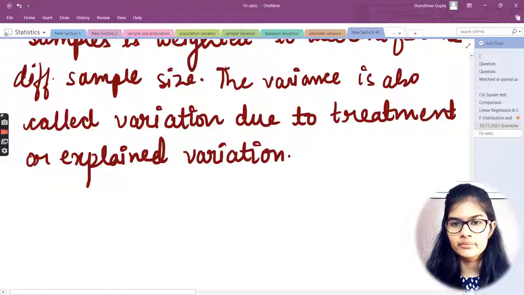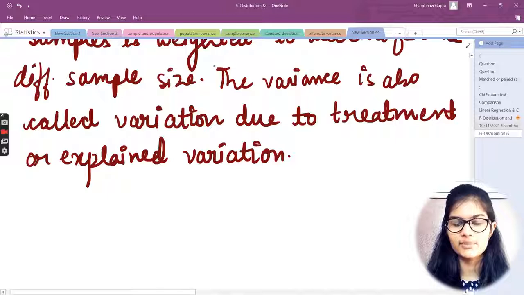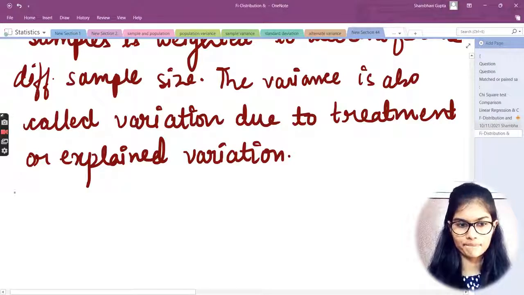So the variance is also called variation due to treatment or the explained variation, right? So yes, this was about the variance between the samples.